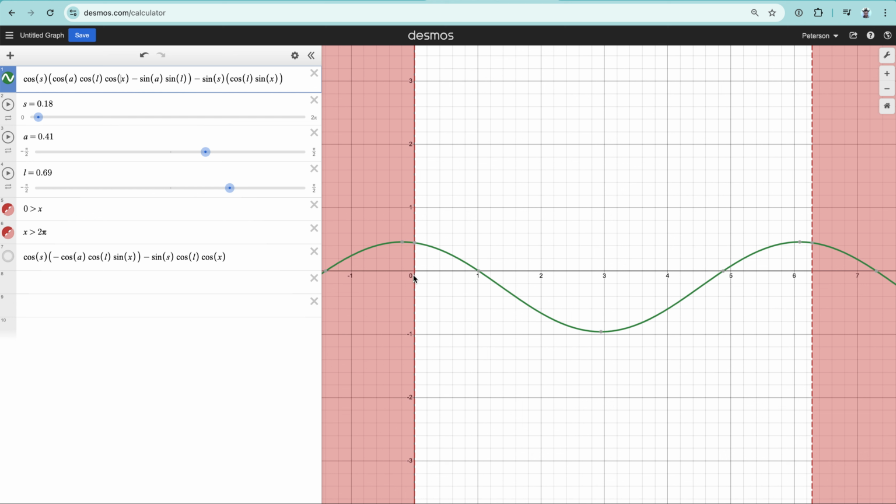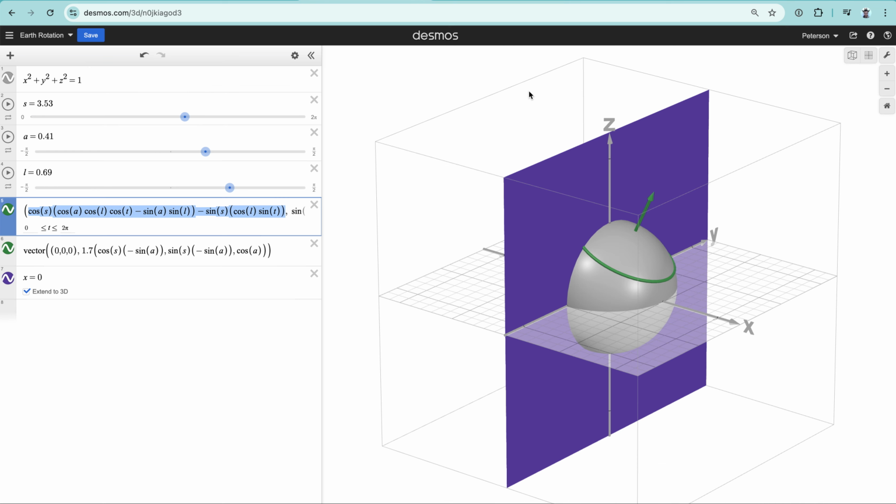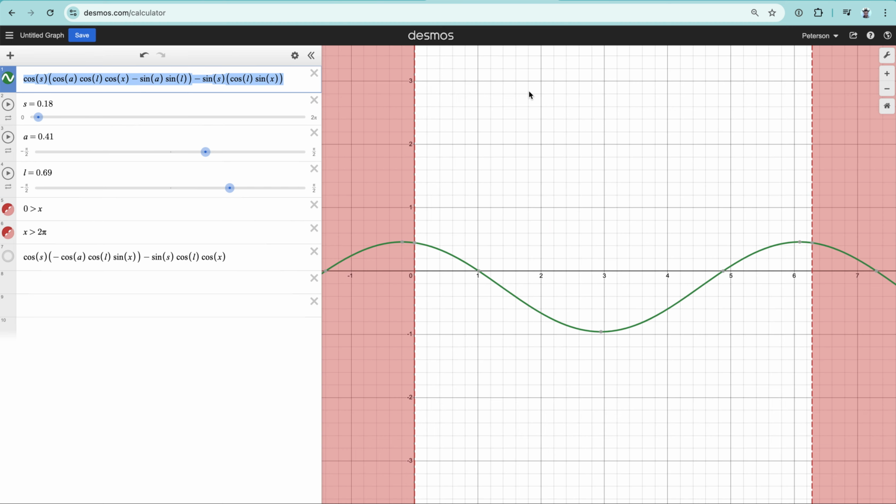So x, the horizontal coordinate here in this picture, is the time of day, and y, the vertical coordinate in this picture, that's x over on this picture. Not my finest hour in naming things.